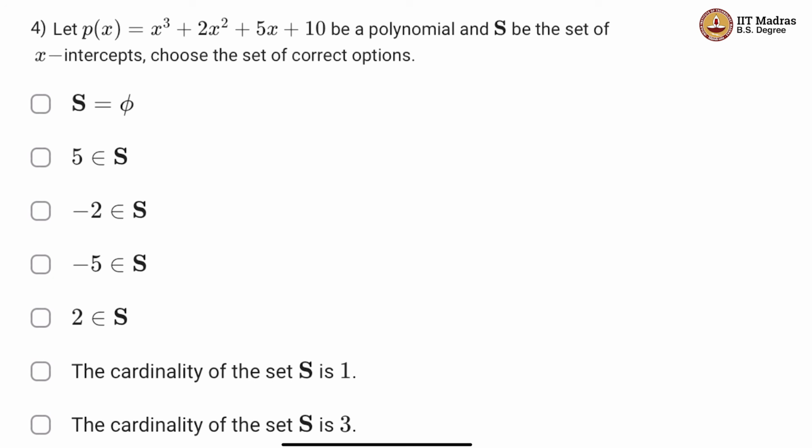We have a polynomial p(x) = x^3 + 2x^2 + 5x + 10, and S be the set of all x-intercepts. Choose the correct option. Okay, so we have to calculate the x-intercepts of the given polynomial. That means the y coordinate will be 0, right?